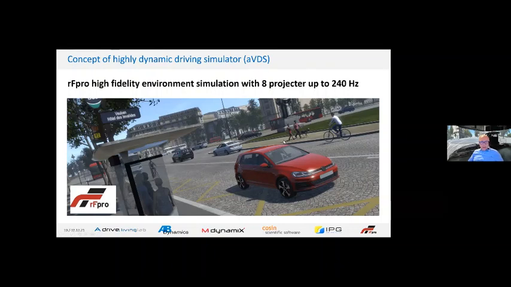And we selected the newest Barco projectors, 8 projectors with up to 240 Hertz. We realized in our test environment in Kempten that 120 Hertz is too little, and it stresses the driver, and due to the 240 Hertz, we could significantly improve the workload of a test driver and got much better feedback.